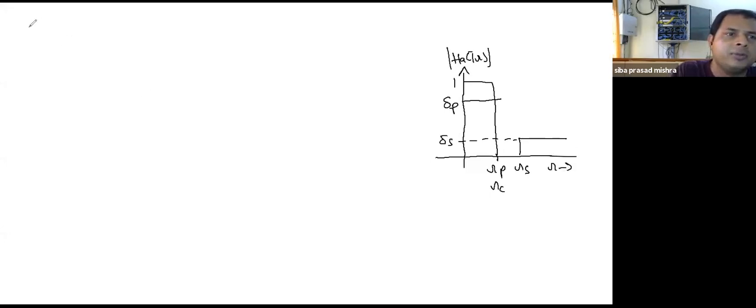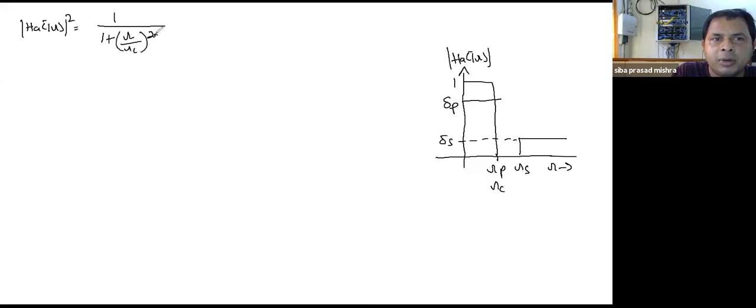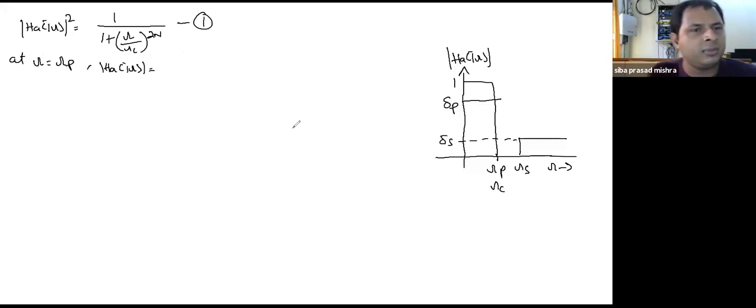Now, what is our equation? The magnitude square of H of j omega equals 1 by 1 plus omega by omega c to the power 2n. This is the main equation, equation 1. At omega equals omega p, what is the magnitude of the filter? It is del p.